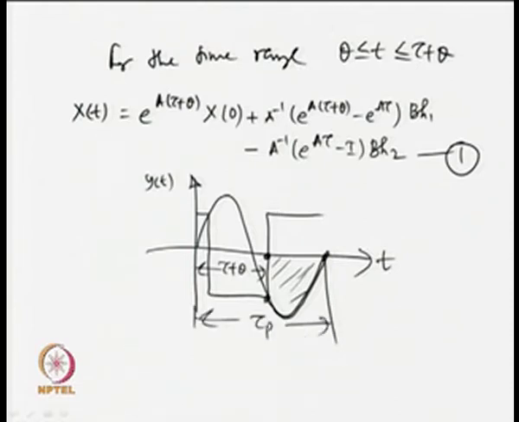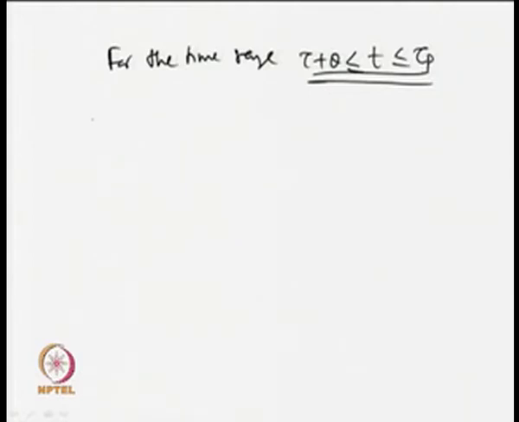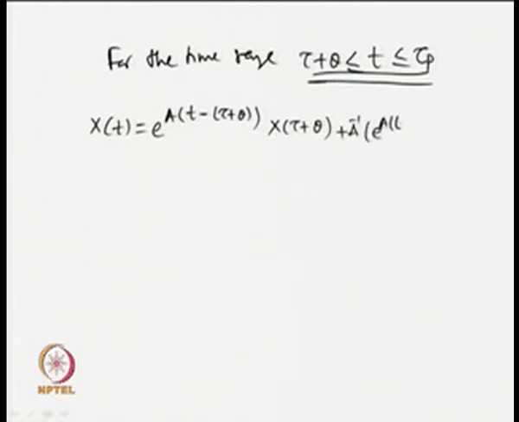So, for the time range tau plus theta is less than or equal to t is less than or equal to tau p, the state variable will be given by x(t) is equal to e to the power A(t minus tau plus theta) x(tau plus theta), then plus A inverse [e to the power A(t minus tau plus theta) minus I] B h1.